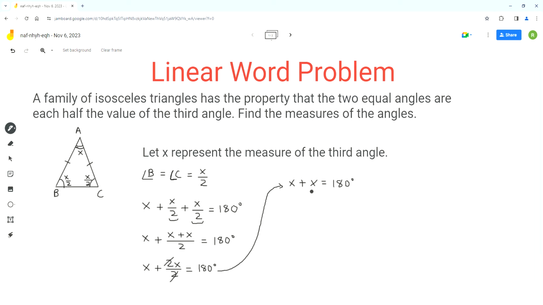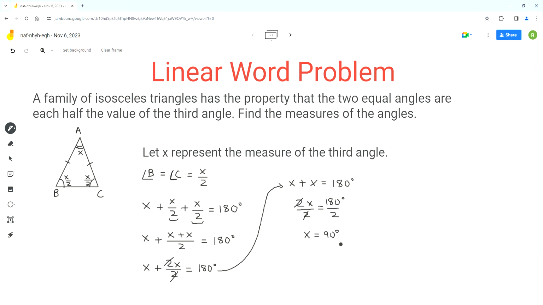And now we can combine these x terms. So we get 2x equals 180 degrees. And we can isolate x by dividing both sides by 2. So the 2's on the left side cancel each other out and we get x equals 90 degrees.